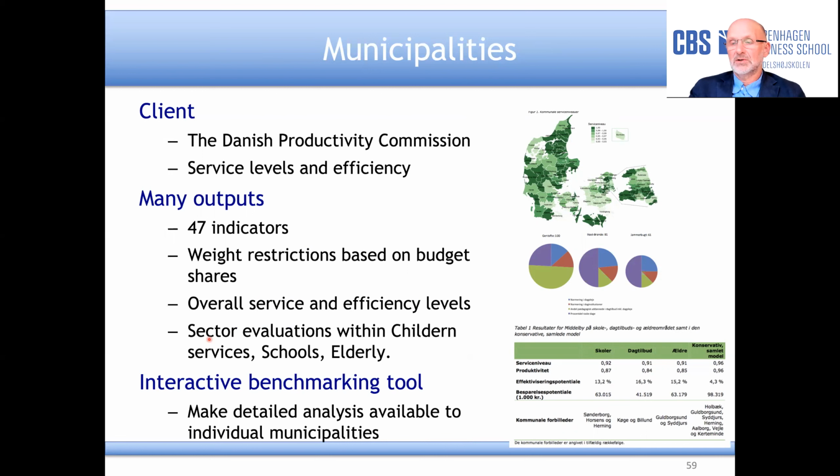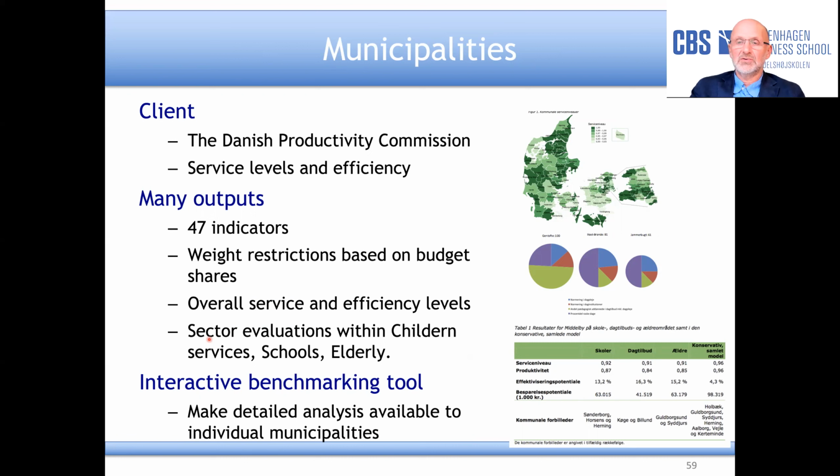And we developed measures of the service levels in the different municipalities and the efficiency of the different municipalities. One of the complications of doing that is that a municipality provides a lot of different services. They run libraries in Denmark, they maintain the roads, they maintain the parks, they take care of the elderly, they run the schools. So they do a lot of different and not very comparable things.